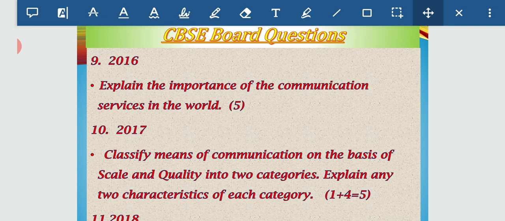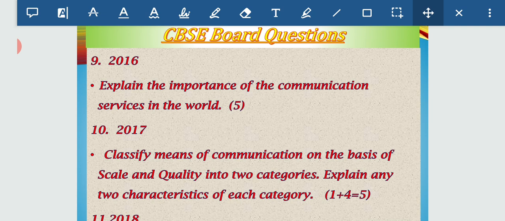Where there is no net connectivity or inefficient connectivity of transportation, communication can easily spread messages. Even the development of remote areas is possible with the help of communication, and communication is now becoming independent of transportation.